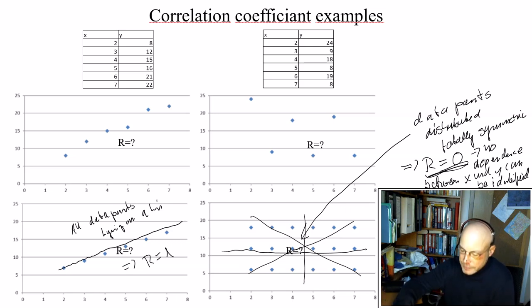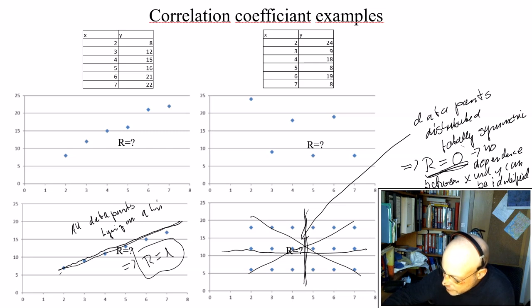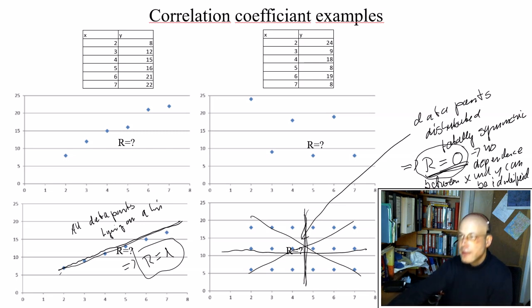So here, when every data point is lying on the fitted line, then we have a correlation coefficient of r equals 1. And if we have, so to speak, no idea which would be the best line, then of course we have no correlation, and we would have a correlation coefficient of 0.